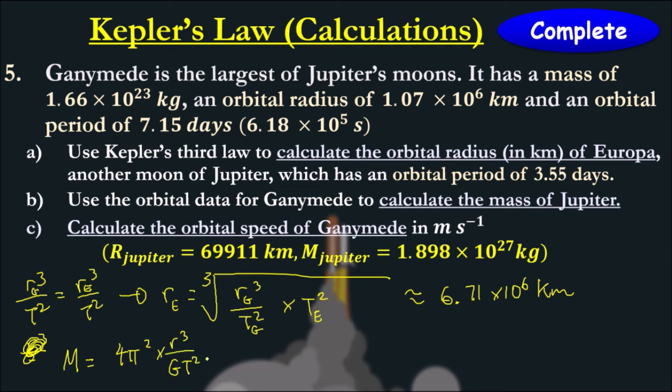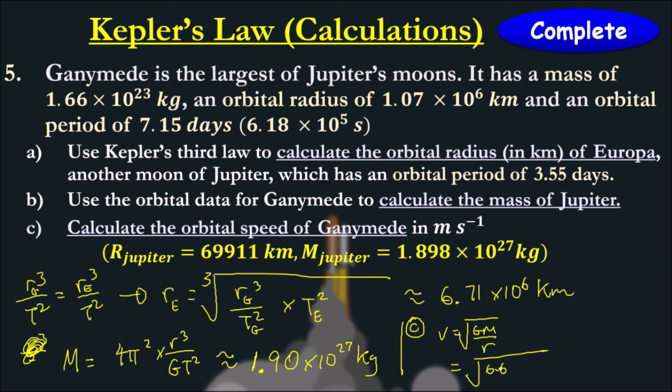Now, obviously this one here, I've just rearranged the equation around. So you could do that, or you could select otherwise. And if I do those substitutions there, I'll find that the mass of Jupiter is about 1.9 times 10 to the power 27 kg.